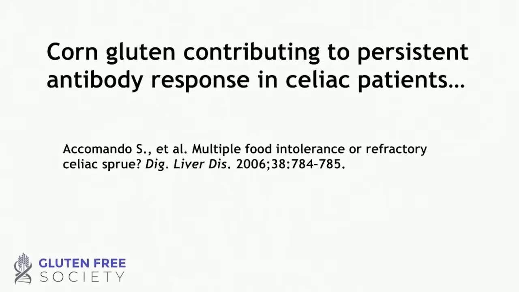Now here's another one, published in 2006, corn gluten contributing to persistent antibody response in celiac patients. In essence, in this study, what they found is that celiacs who had gone traditional gluten-free, remember they went wheat, barley, rye-free, but they didn't go corn, rice, sorghum, millet, or oat-free, and they were having continued persistent problems.